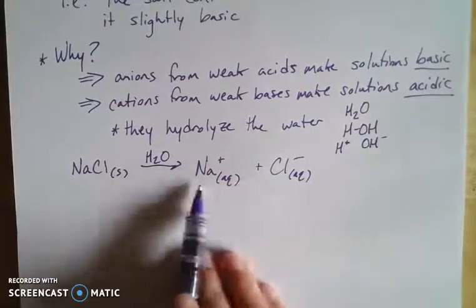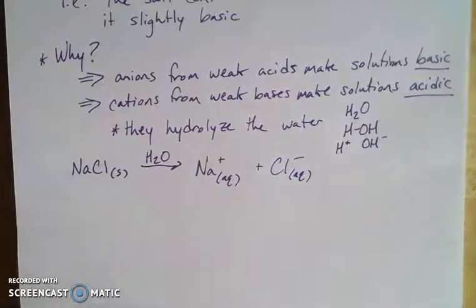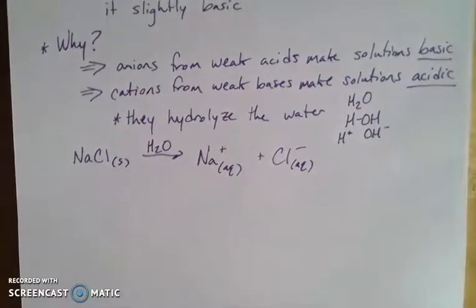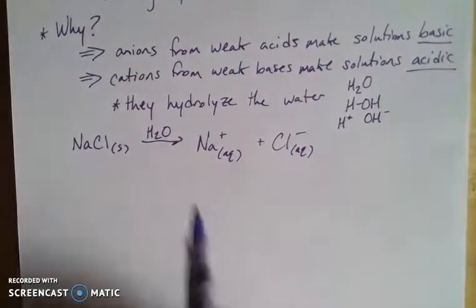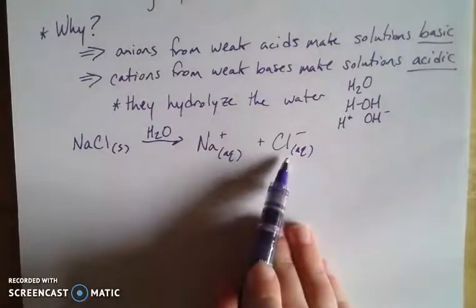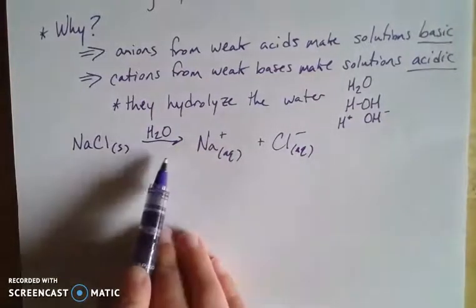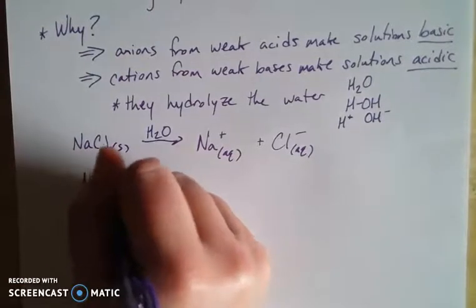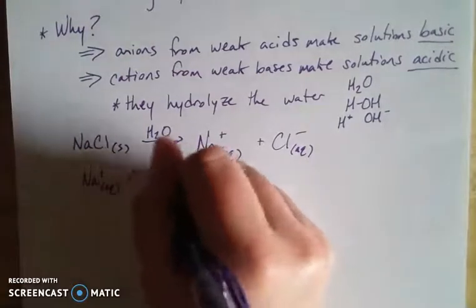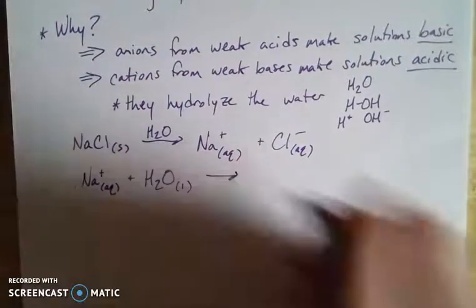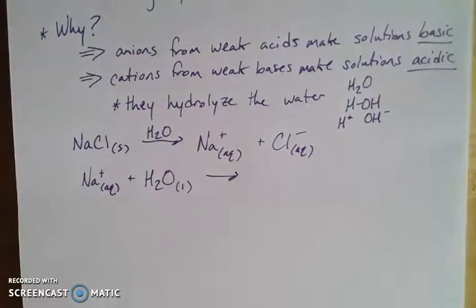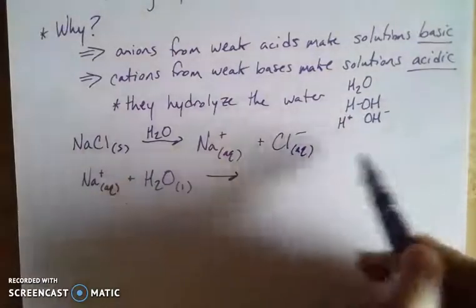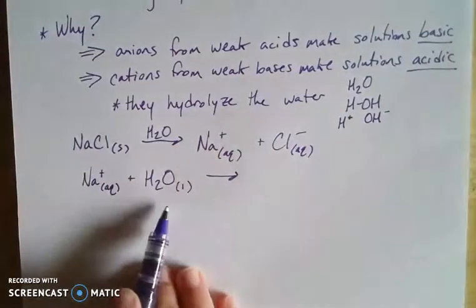So this is a pretty soluble compound. We've experienced that in our day-to-day life. So now the real question is, when these ions are in solution, what are they going to do to the water, if anything? So if I have the sodium ion and I react it with water, and again thinking, is this going to be a chemical reaction? Am I going to have this rearrangement of chemical bonds that is potentially possible with water?